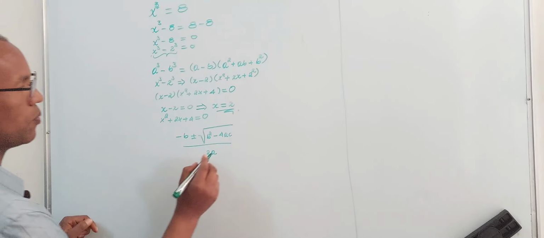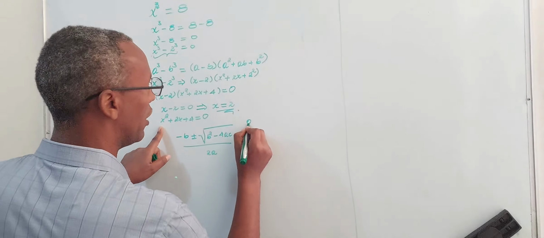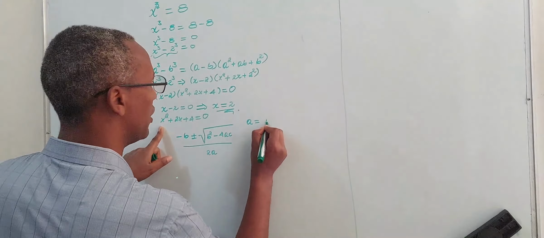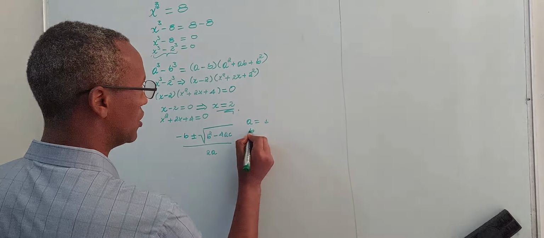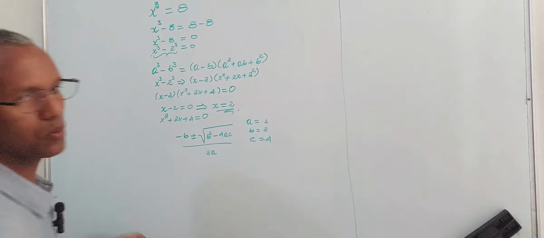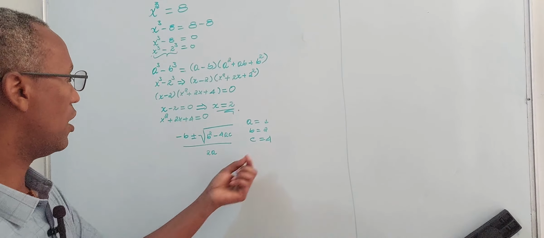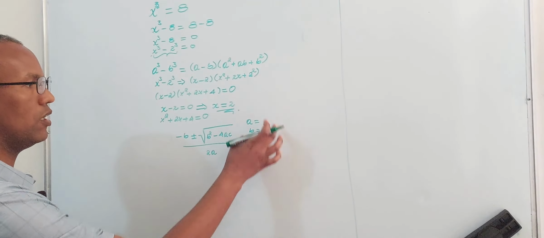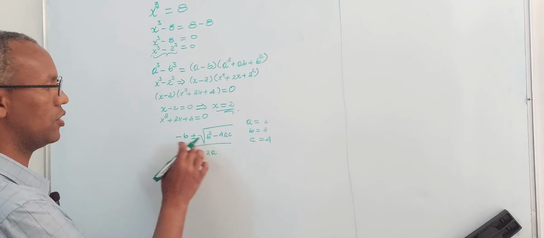So based on this equation, we have a equal to 1, b equal to 2, c equal to 4. That is what we have. Now you can just plug all the coefficients over here.